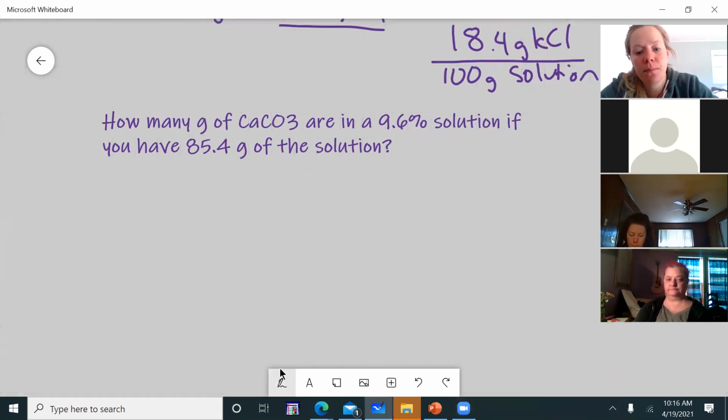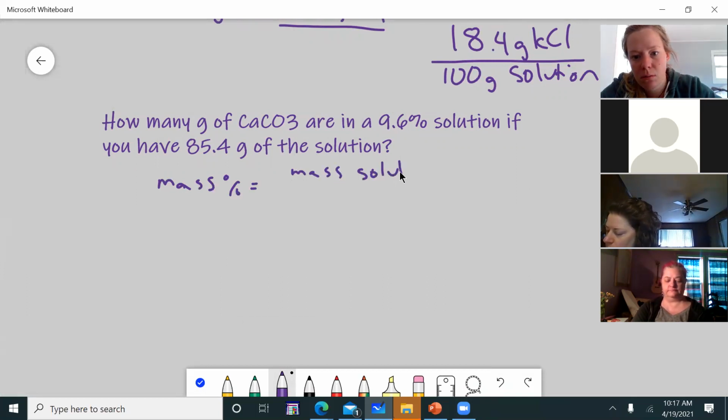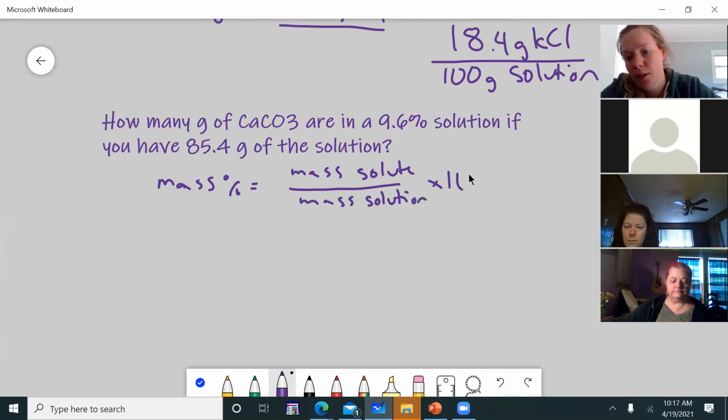Okay, so we can plug and chug it into the equation, which tells us that mass percent is equal to mass of solute over mass of solution times 100, right? So what do we have?